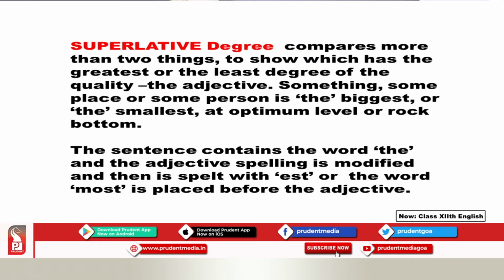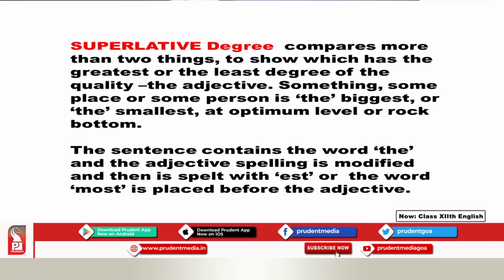Now we come to the third degree, that is the superlative degree. The superlative degree compares more than two things to show which has the greatest or the least degree of the quality, the adjective.